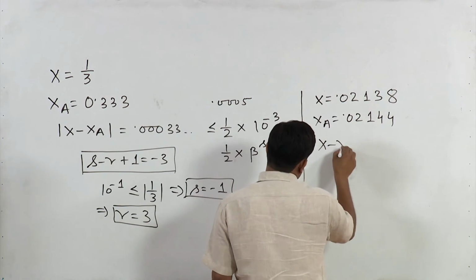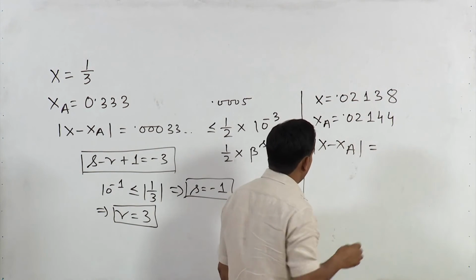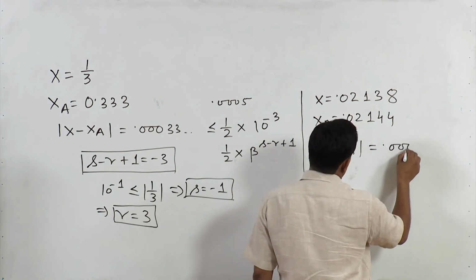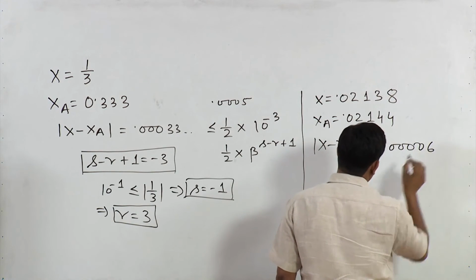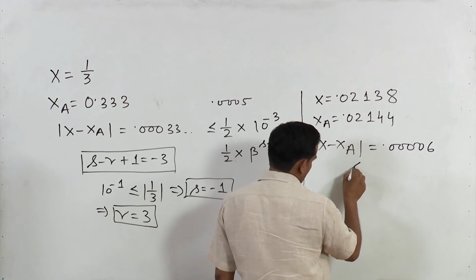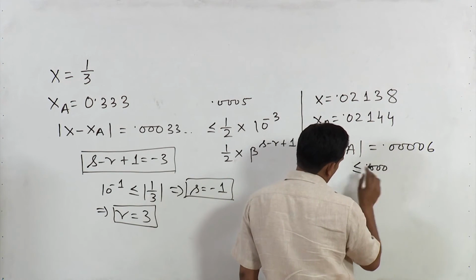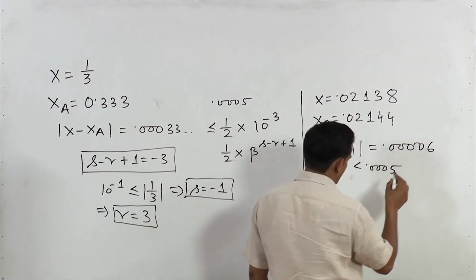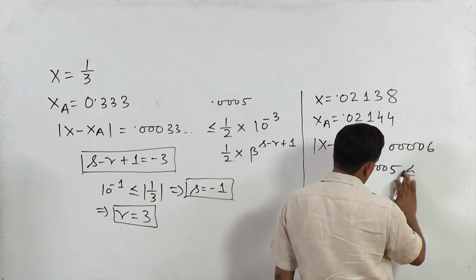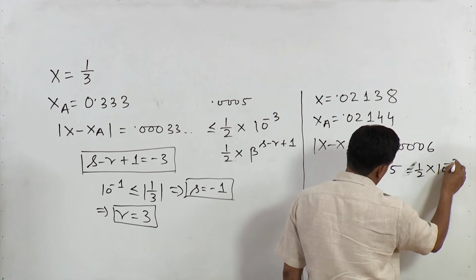Following the same process, the difference becomes 0.00006, which is less than 0.0005, which is 1 by 2 into 10 raised to power minus 3.